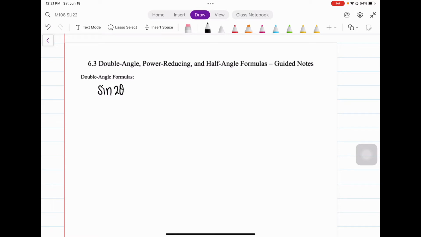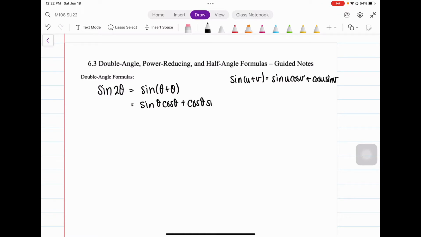We can discover what this formula is by saying sine of theta plus theta and using the sine sum formula. Let's recall the sine sum formula now. In this case, u and v are both theta. That means that we then have the sine of theta, cosine of theta, plus cosine of theta, sine of theta.